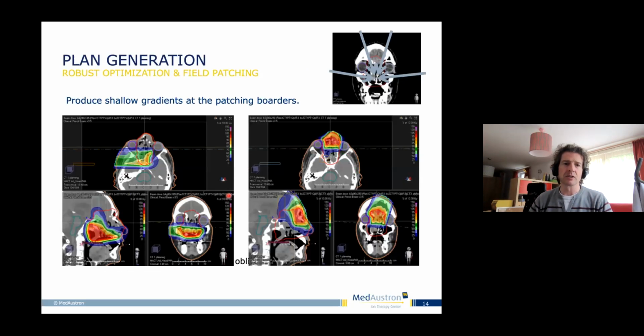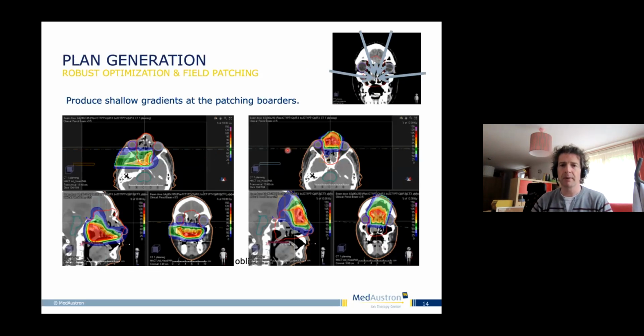And finally, we also use robust optimization tools to smear out the effects of filling and emptying nasal cavities, like in the head and neck scenario, where we have here the nasal cavities, which might be treated from different directions. But depending on the nasal cavity filling status of the day, you might have a huge impact on where the dose is deposited.